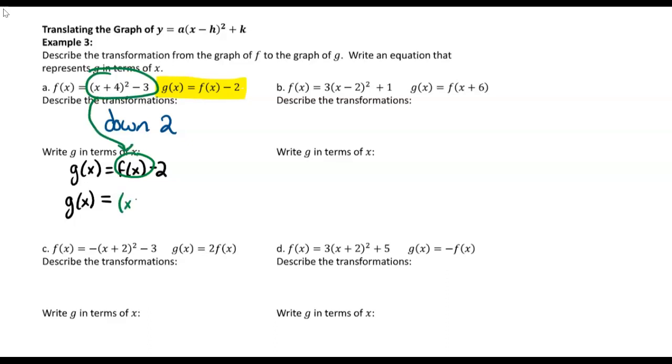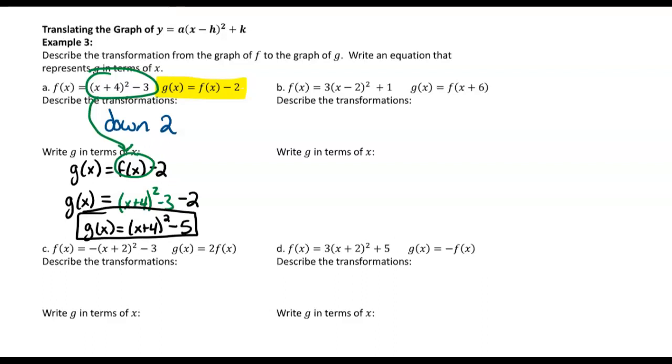So I'm going to have x plus 4 in parentheses squared minus 3. And then that's the f of x, I still have the minus 2. So now you simplify that. So you have the negative 3 minus 2 turns into negative 5. And that is your new equation.